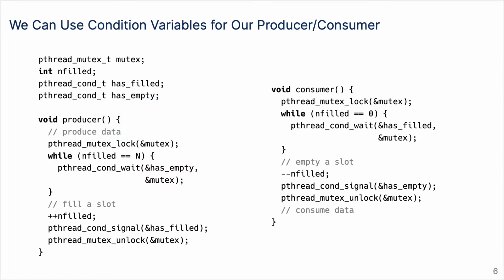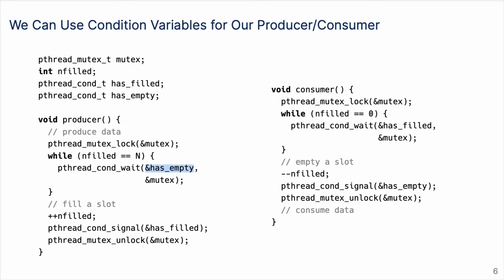And then in the producer, I would lock my mutex, and then I would have this while loop: while the number of filled slots is equal to n, which is the buffer size, so all the slots are filled, I should put myself to sleep, which is this wait here, and essentially add myself to a queue that is waiting for an empty slot. There could be one, there could be many threads.